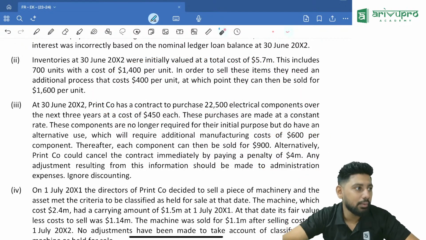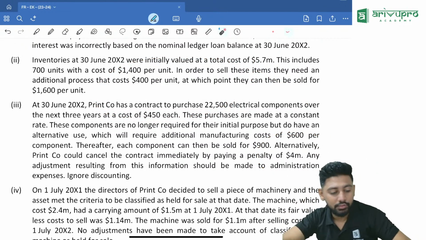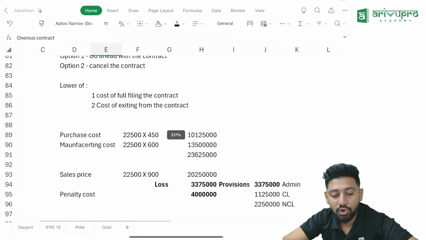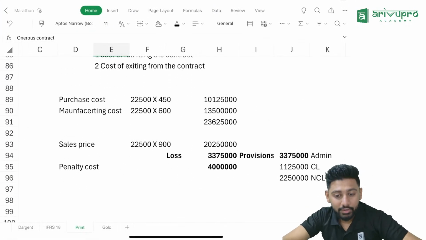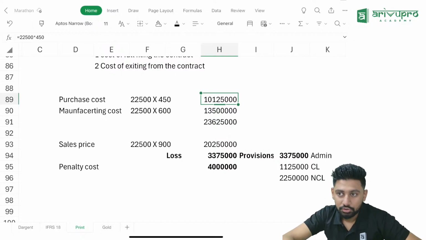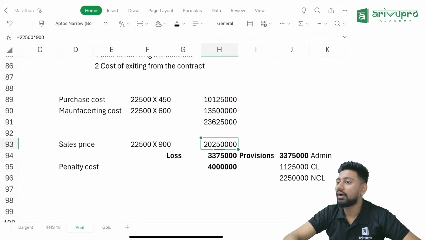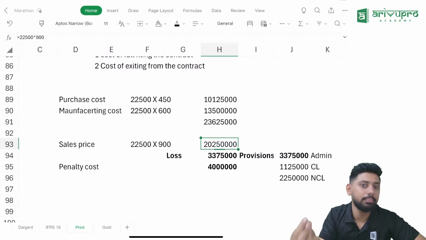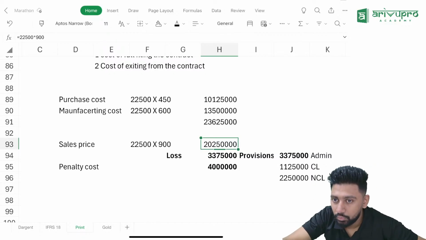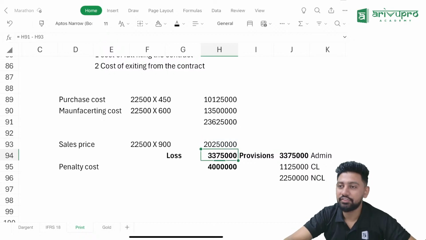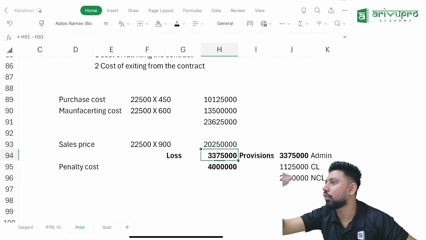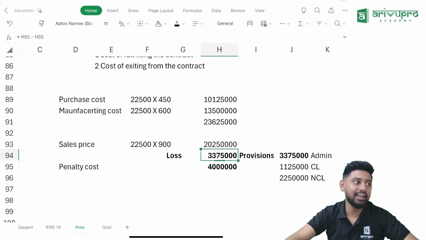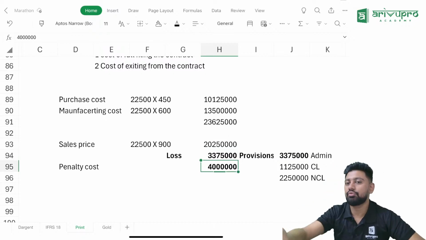But alternatively, you can put it to another use. If you put it to another use, you have your cost and you have your revenue. Anyway, you're going to incur a cost out of this product. What is the cost? 3,375,000. Instead, if you go for cancellation, exiting this, your exit cost is 4 million.